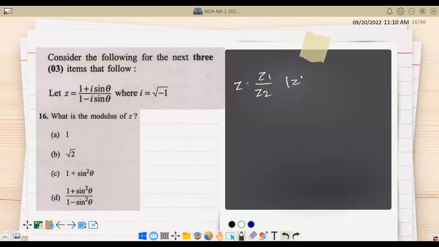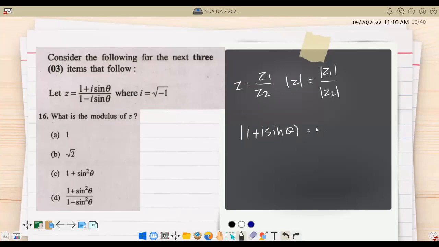Of course, modulus of z is equal to this. Without any hassle, we can just take the modulus of the numerator and the modulus of the denominator, and divide them both. What is the modulus of 1 plus i sin theta?